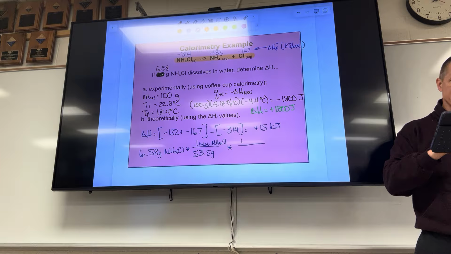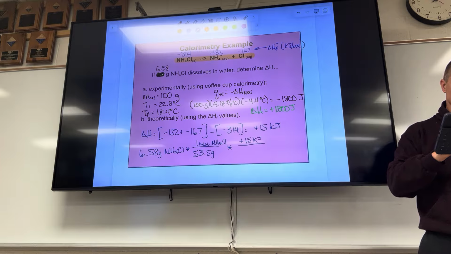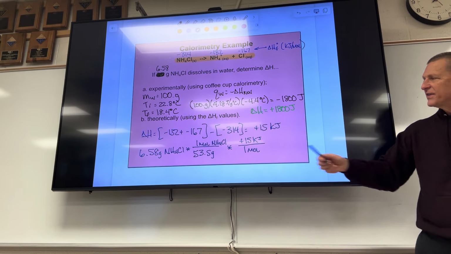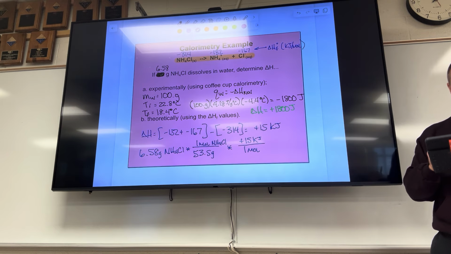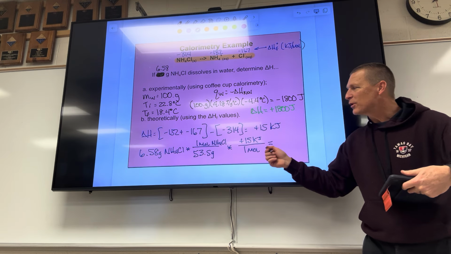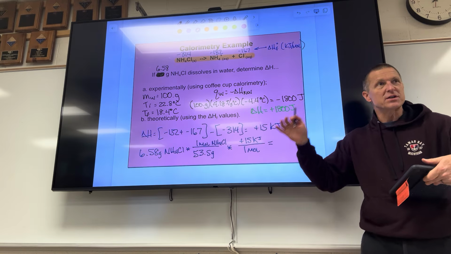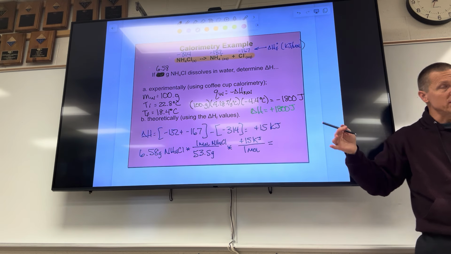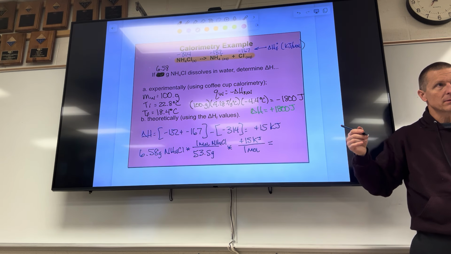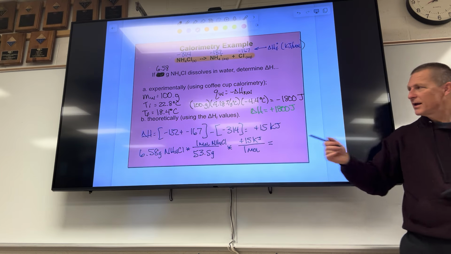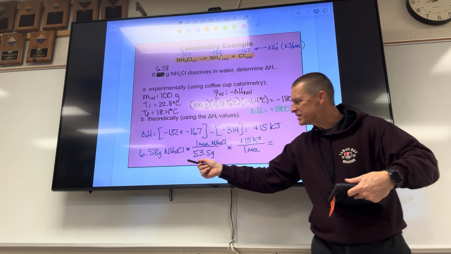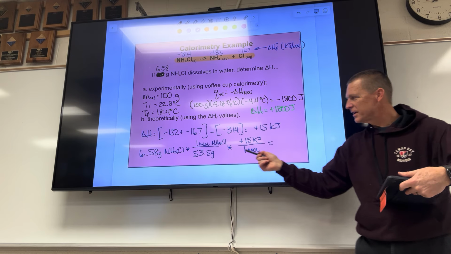So it's positive 15 kilojoules for every 1 mole. And this calculation is going to give us what the theoretical delta H was for the amount of NH4Cl that we used in the reaction. Now I want you to calculate that. 6.58 divided by 53.5 times 15.